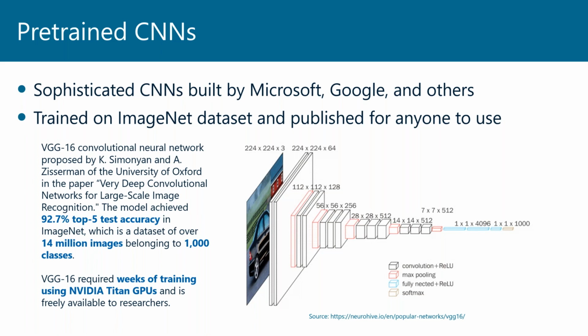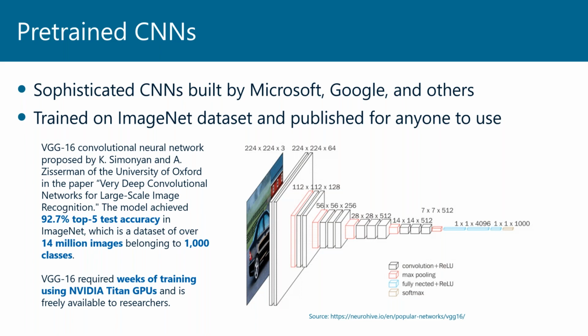However, companies like Microsoft and Google have already done a lot of this for us. They have built some super sophisticated convolutional neural networks, trained them with tens of millions of images to recognize all sorts of different objects. And they've put these trained networks out in the public domain in GitHub and other places so that you and I can use them.